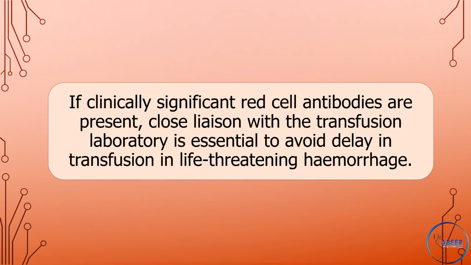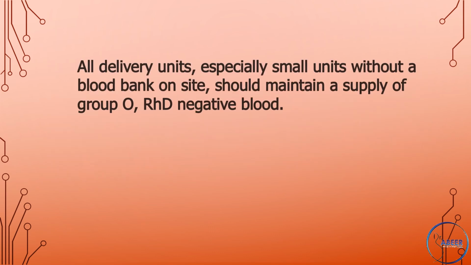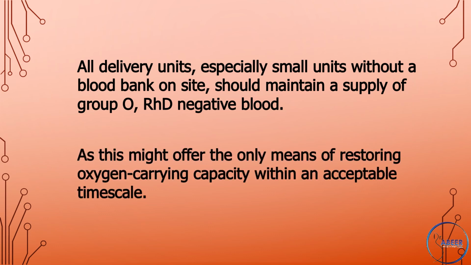All delivery units, especially small units without a blood bank on site, should maintain a supply of Group O RHD negative blood, as this might offer the only means of restoring oxygen carrying capacity within an acceptable timescale.